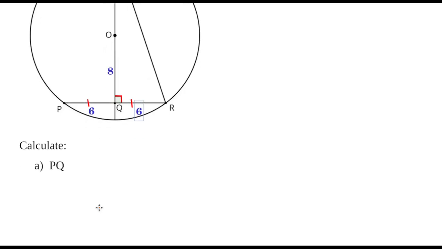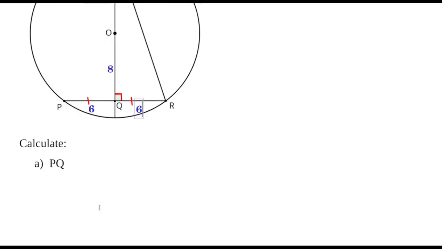Next, what are we required to do? Calculate PQ. We know PQ is equal to half of PR.